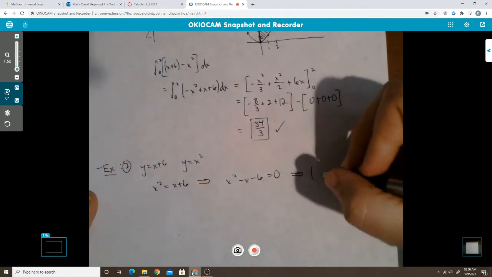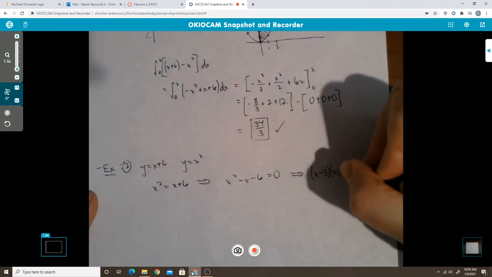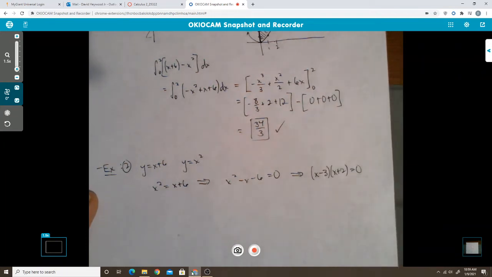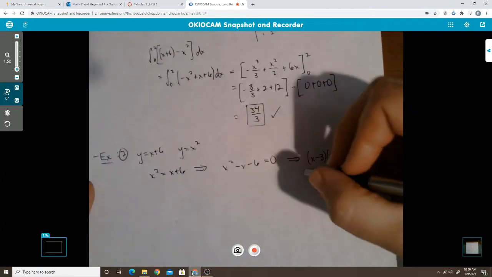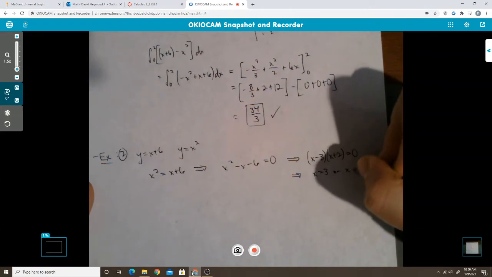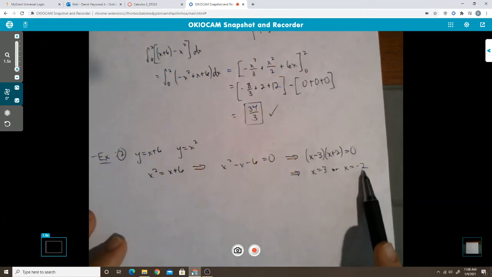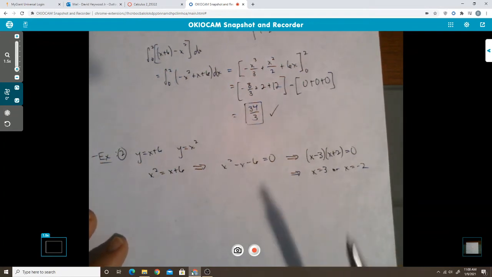Which, isn't this nice? It factors so nicely. So x minus 3, x plus 2. And so that means x equals 3 or x equals negative 2. So those are the two places where the functions are going to intersect. So it looks like we're going to integrate between negative 2 and 3.